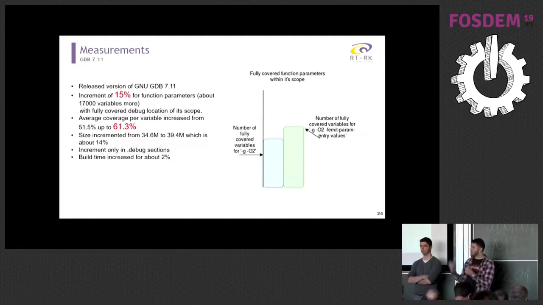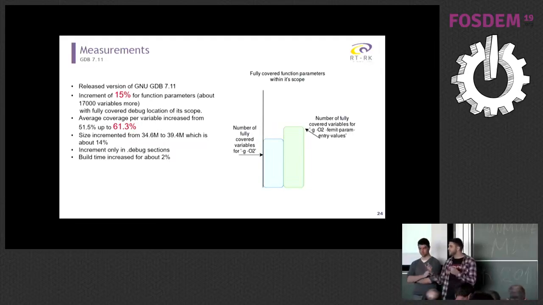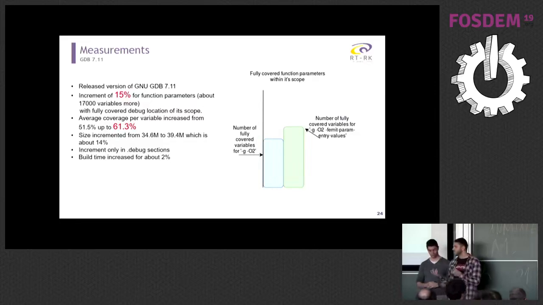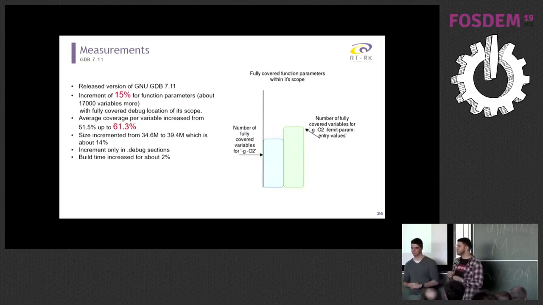But since DWARF 5 was released, it is part of the standard. So for now, for this purpose, we internally generate GNU extensions as well. But it's supposed to be both, GNU and DWARF 5. Sure, we should support GNU as well as DWARF 5 symbols. So thank you for the question.